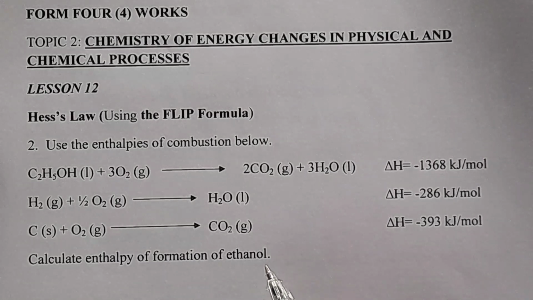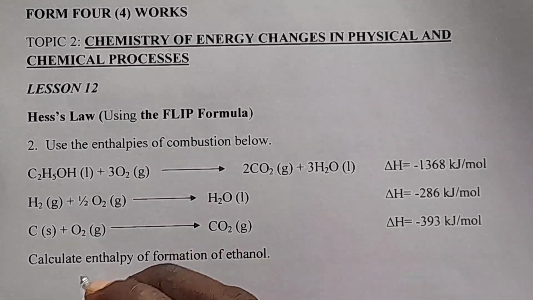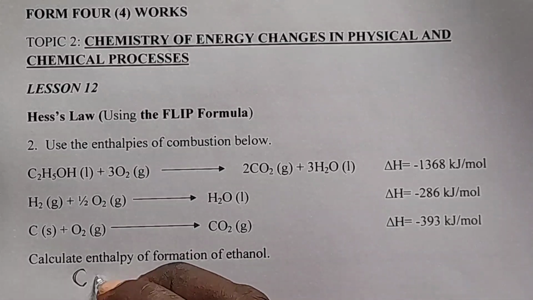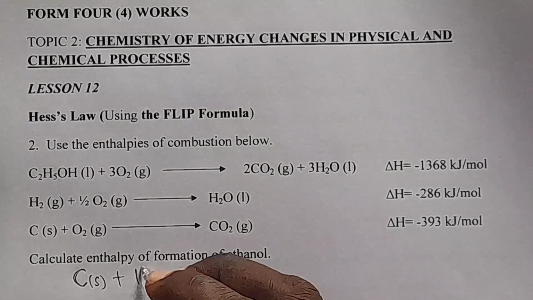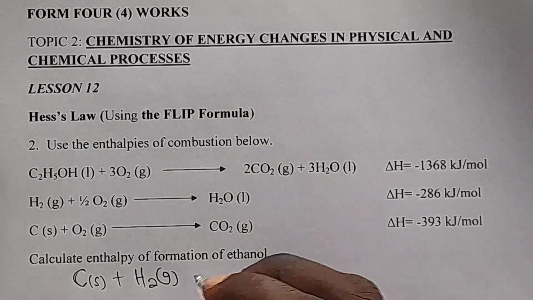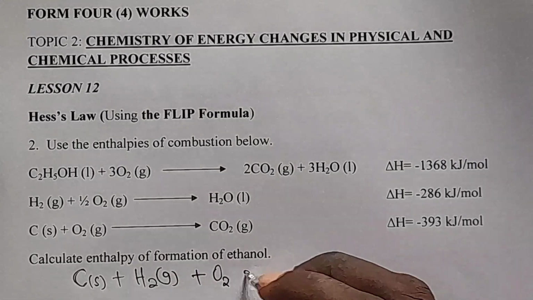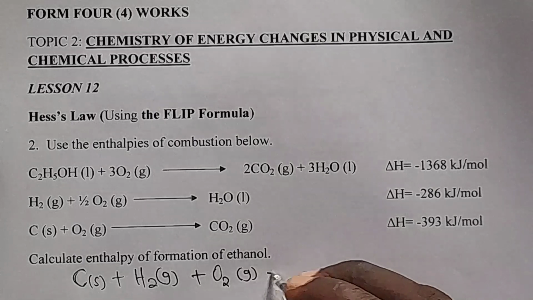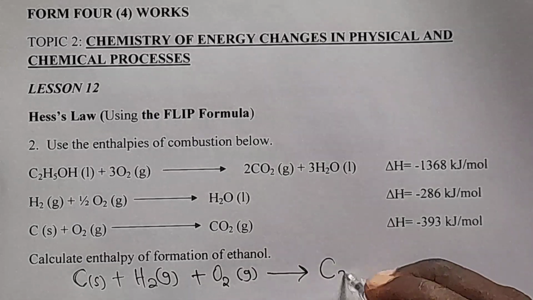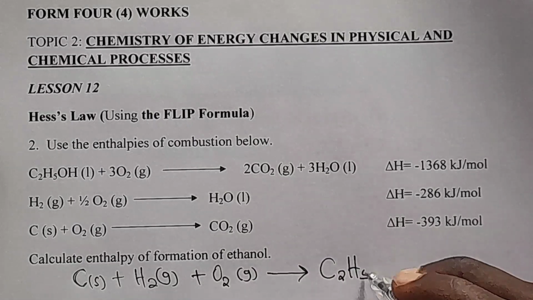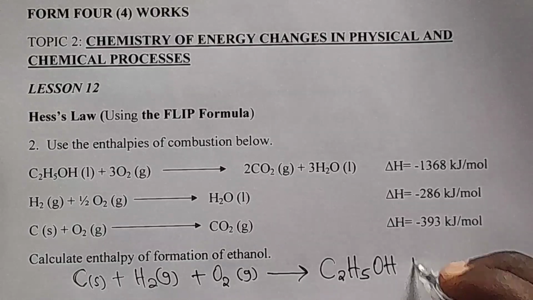So the elements forming ethanol are carbon, which is solid, plus hydrogen, which is a gas, plus oxygen, which is also a gas. This all will give us ethanol, C2H5OH. Ethanol is a liquid.